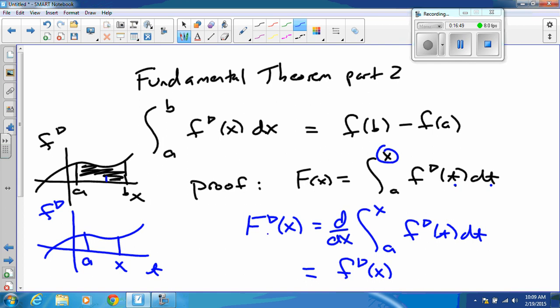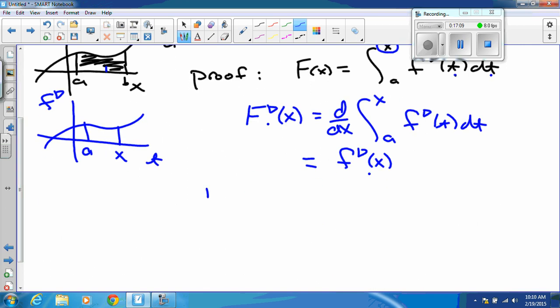Now something remarkable happens, because I observe that big F prime and little f prime have the same derivative. And we already know that two functions that have the same derivative are the same function within a constant, of course. So therefore, we can immediately say that F of x has to equal little f plus the obligatory constant c.